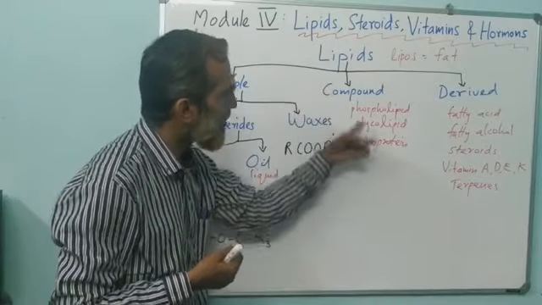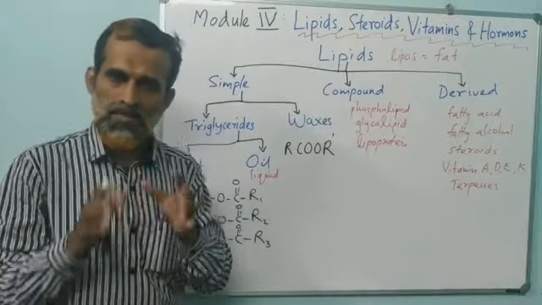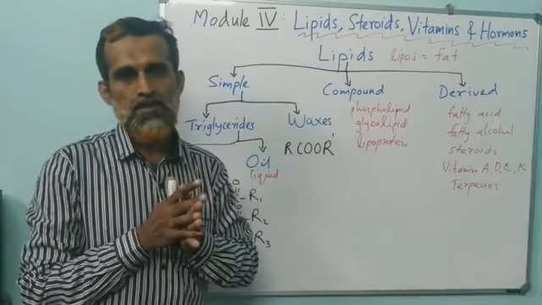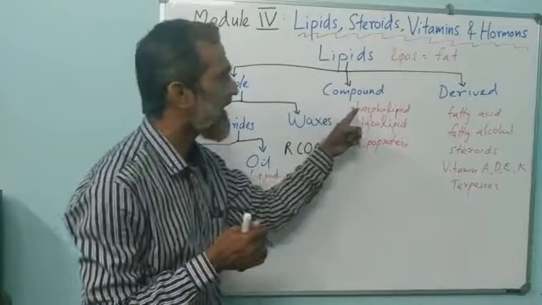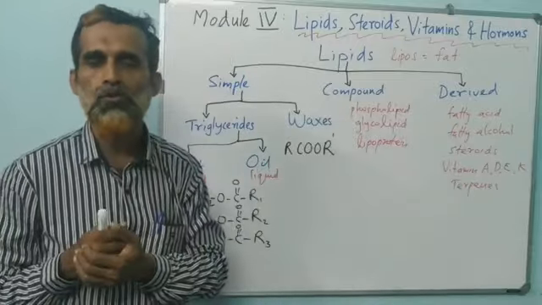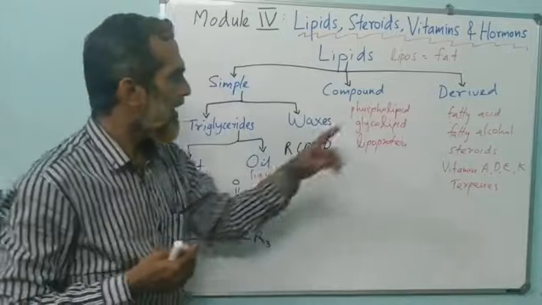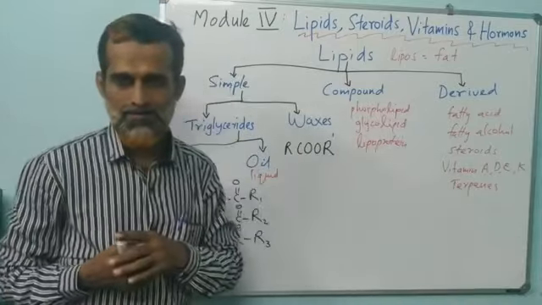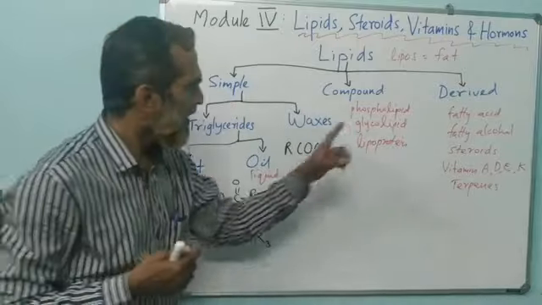If you look at the examples, you can understand that phospholipid contains a lipid part that consists of carboxylic acid and alcohol, and in addition there is a phosphoric acid group also. So that means lipid plus phosphate group. Glycolipid is lipid plus carbohydrate.